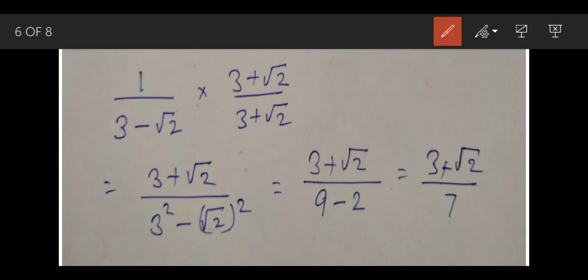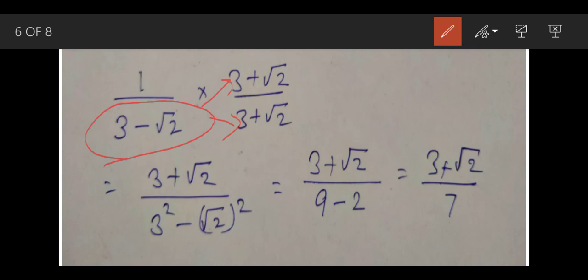If the denominator is given in the form of 3 minus root 2, suppose the question is to rationalize the denominator and we are given 1 upon 3 minus root 2. To rationalize it, we have to multiply it by its rationalizing factor. The rationalizing factor of 3 minus root 2 is 3 plus root 2. So we will multiply numerator as well as the denominator by its rationalizing factor, or here we can say conjugate.